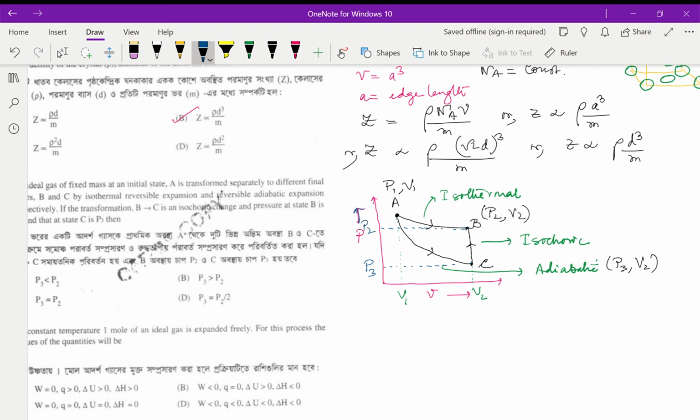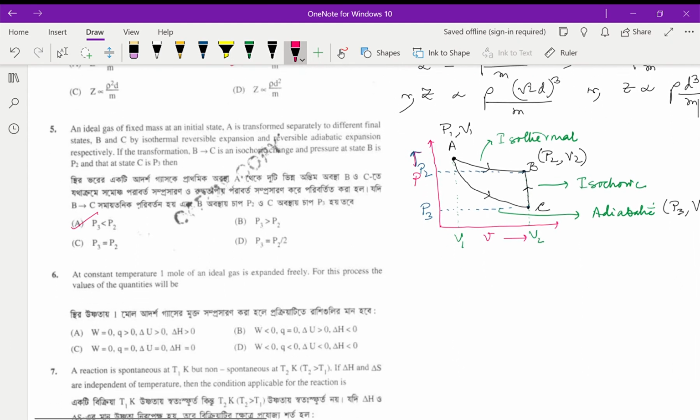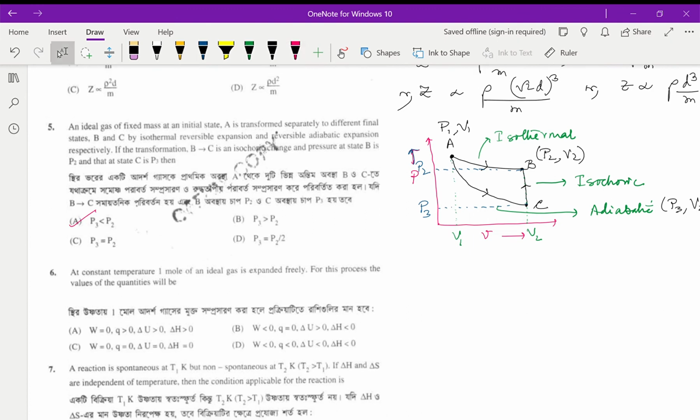So using the graph itself you can say that P2 is going to be greater than P3. There is no doubt about it. So our answer over here is going to be A, simply using the graph. Alright. Next question. Question number 6.